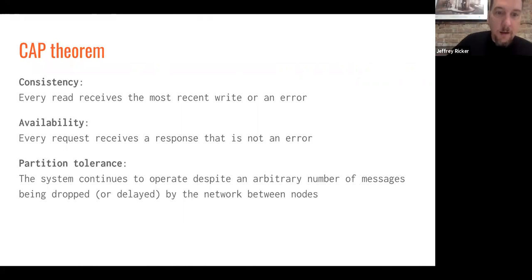Consistent. Availability, every request receives a response that is not an error. So I can always be up. And then partition tolerance. The system continues to operate despite an arbitrary number of messages being dropped by the network between nodes. Because remember, we're dealing with not two elementals, which is state and compute. We're dealing with three: state, compute, and message.